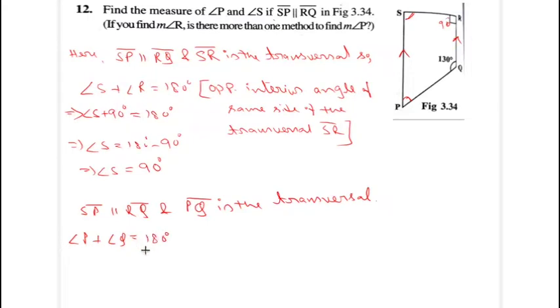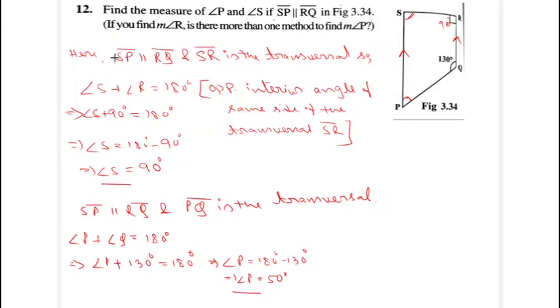Same reason, they are the opposite interior angles on the same side of this transversal PQ. So their sum is 180 degrees. So angle P we don't know, plus angle Q is 130 degrees, equals 180 degrees. This implies angle P equals 180 degrees minus 130 degrees. So angle P equals 50 degrees. Okay. So this is a method to find out angle S and angle P.